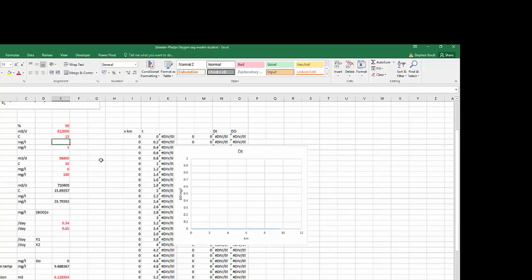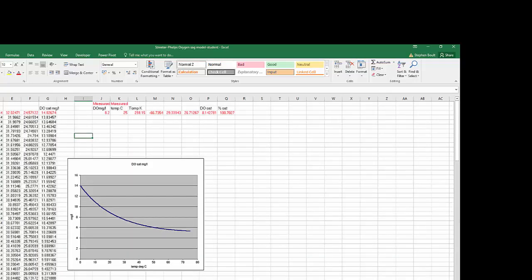So we want to go from knowing the saturation to knowing the actual concentration, and the parameter we need to know in order to do that is the temperature, because the saturation changes with the temperature. And there's a table written in here which is called DO percent saturation for you to see the relationship between oxygen concentration and temperature.